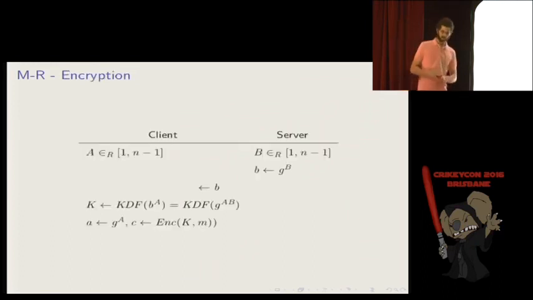So the encryption phase, what does that look like? Well, first, Alice generates a private key by just selecting a random element from the group. The server also has a private key. Now, Alice's private key will be different for every secret. She can generate a new one for every encryption. Bob's, or the server's, private key and public key never change.